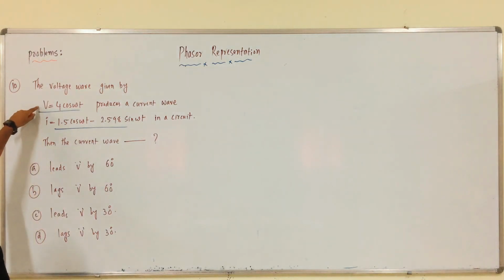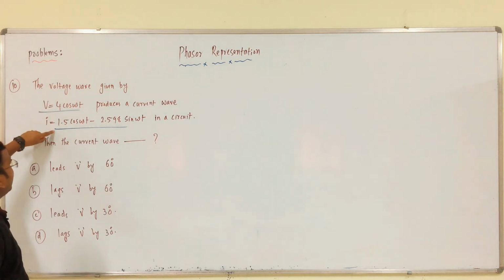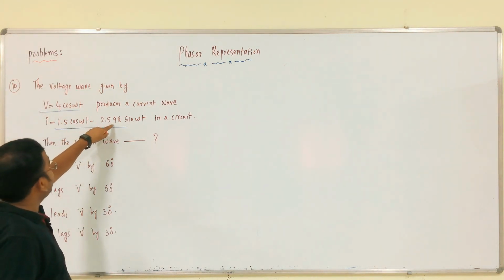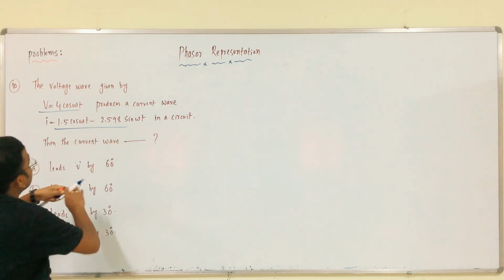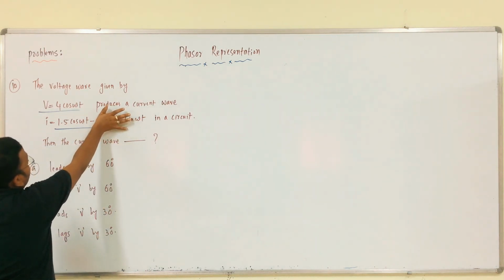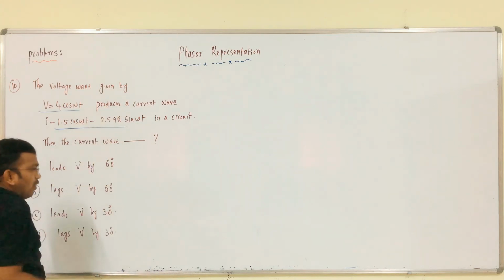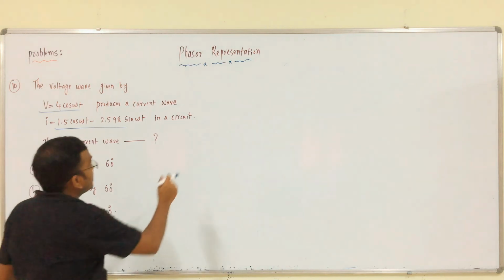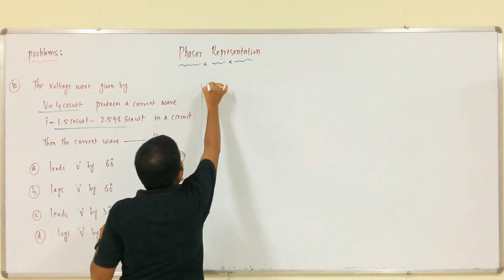So, here the voltage is clear, 4 cos omega t, but coming to current, it is in the form of 1.5 cos omega t minus 2.598 sin omega t. If it is like this, 1.5 cos omega t, both are in phase, like that we have to tell, but here the current representation is different. So, for that we have to use formulas.